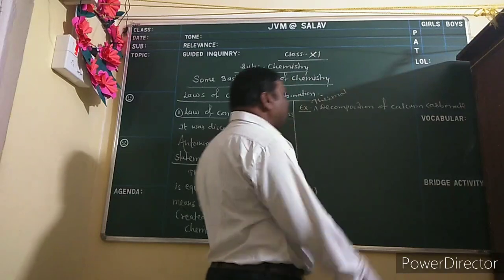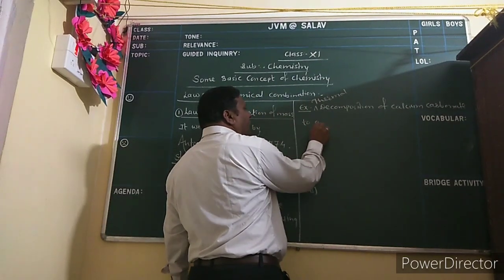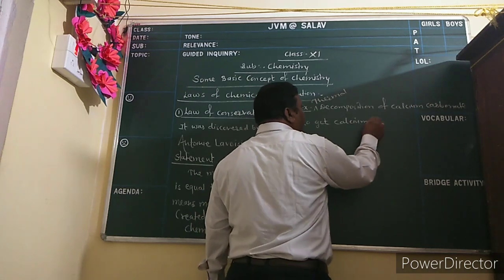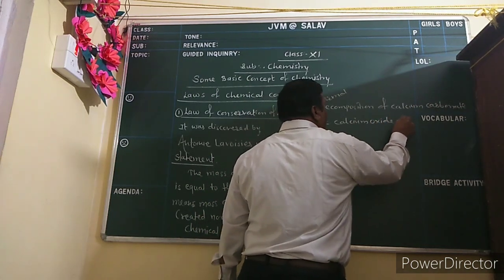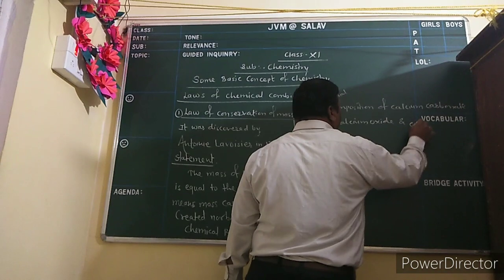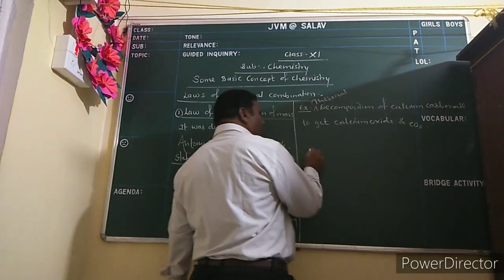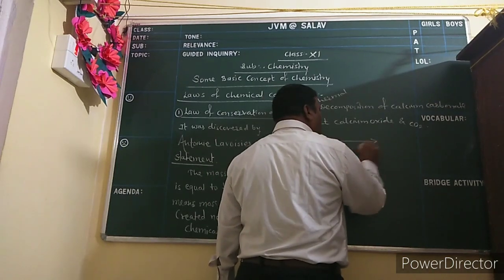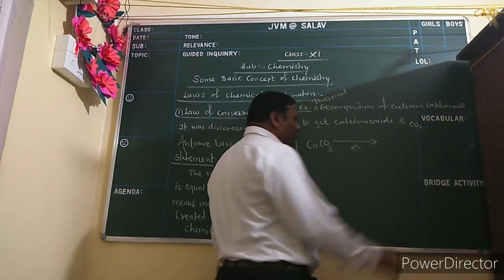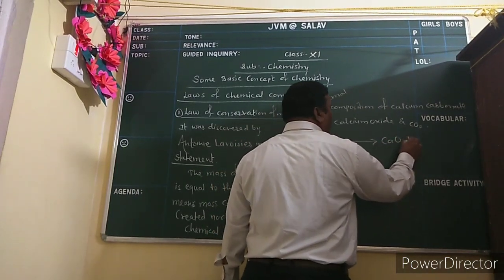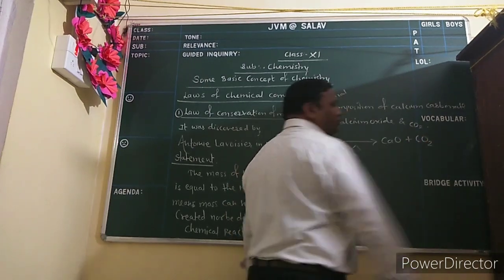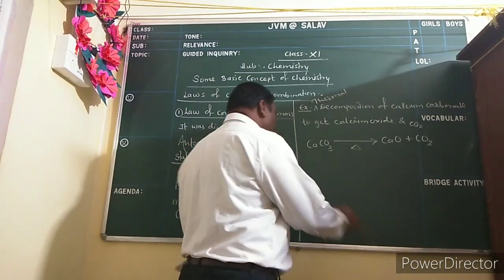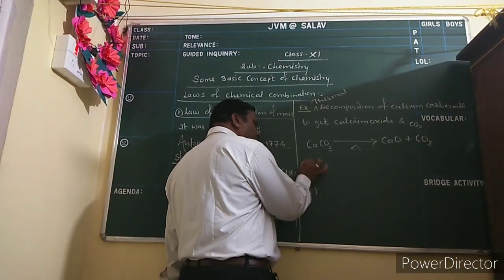Thermal decomposition of calcium carbonate gives which compounds? Calcium oxide and carbon dioxide. So the reaction will be CaCO3, when it is heated, you will get CaO and CO2.